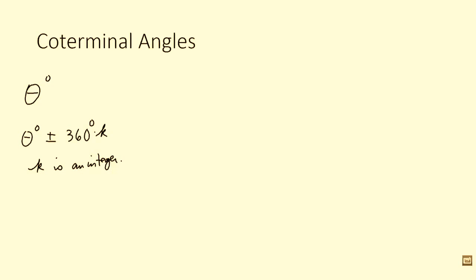Let's find a positive angle less than 360 degrees that is coterminal with a 400 degree angle. We want the coterminal angle to be less than 360 degrees.